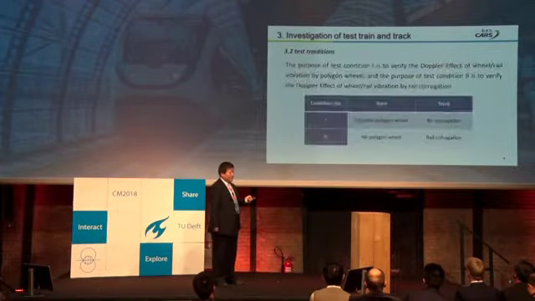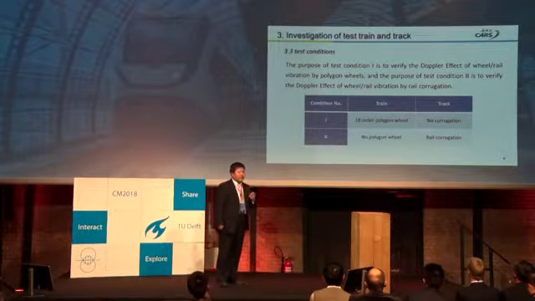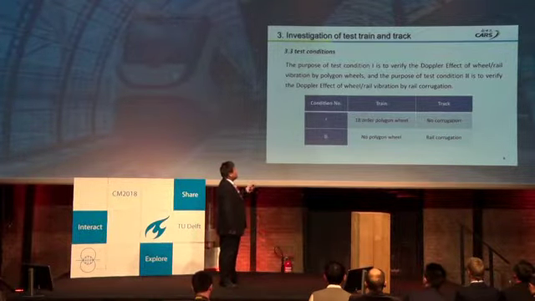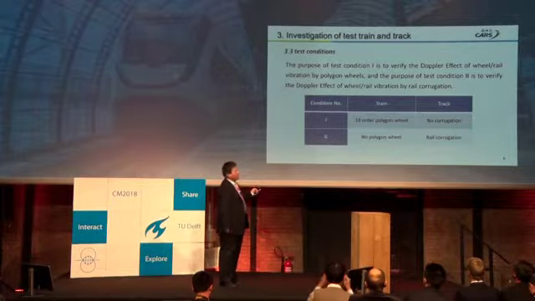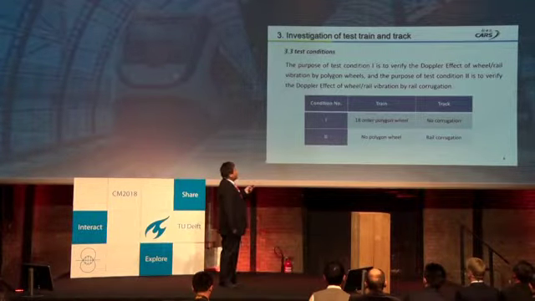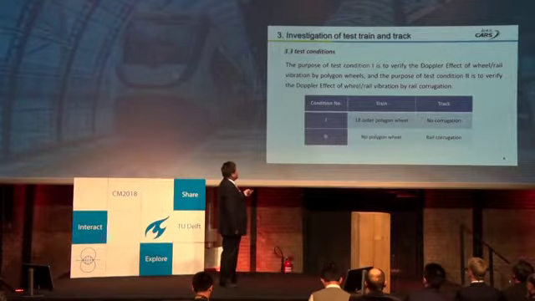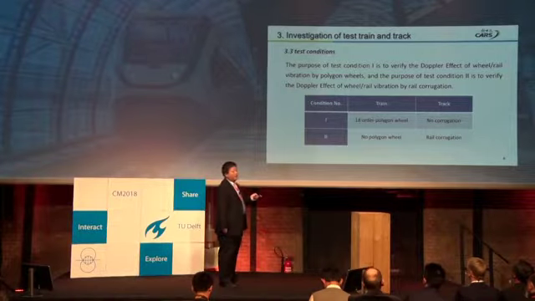Based on the investigation, we have two test conditions. One is the train with an 18th-order polygon wheel and the track is good. The other is that the train is good and the track has rail corrugation.